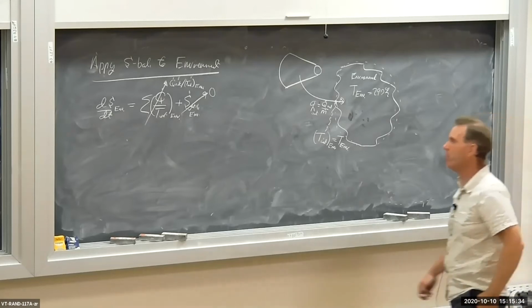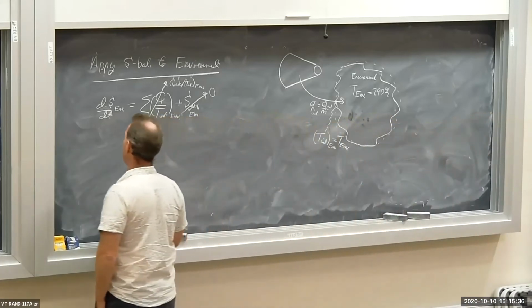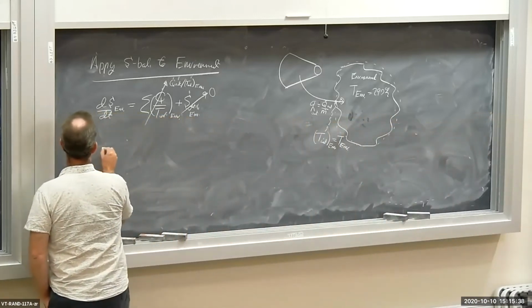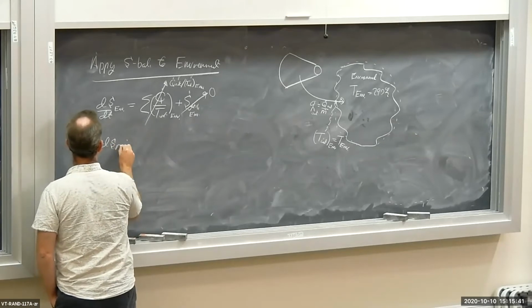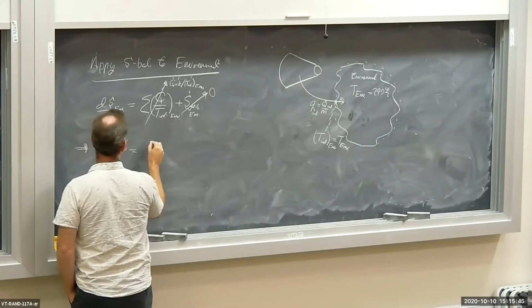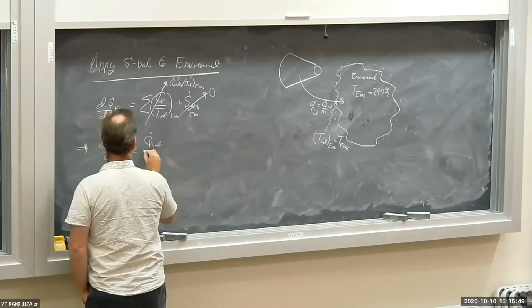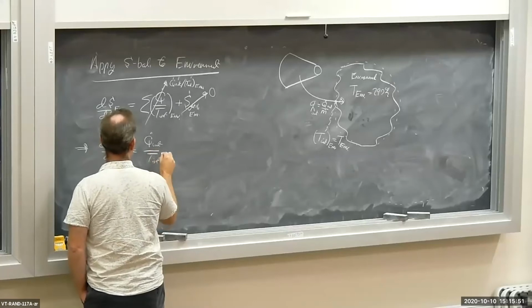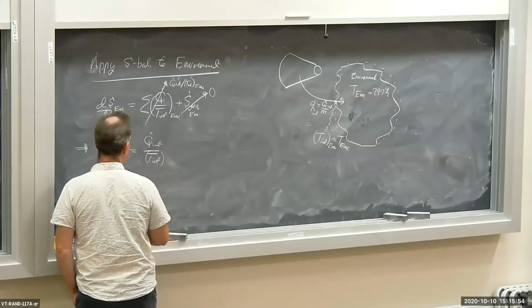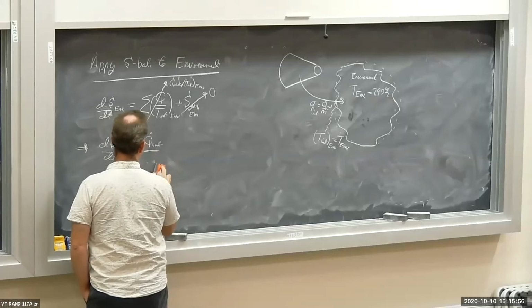Okay, so this tells me that the rate of change of entropy of the environment, dS environment/dt, is equal to Q dot out over the environmental interaction temperature, which is the environmental temperature.